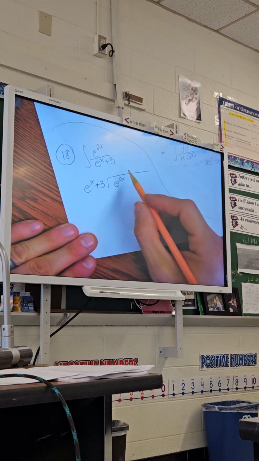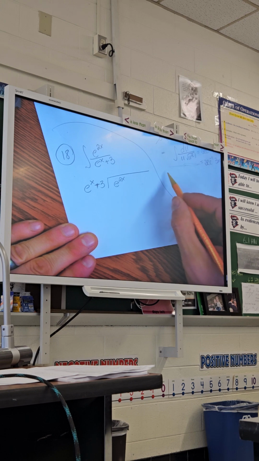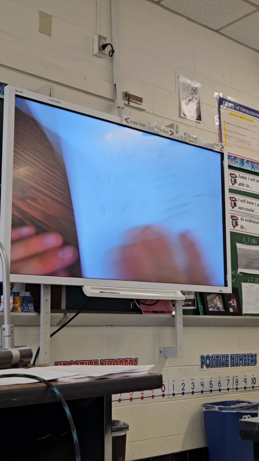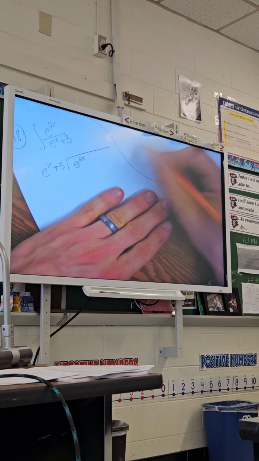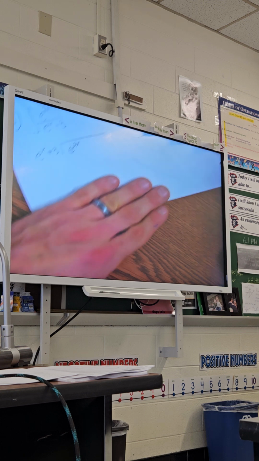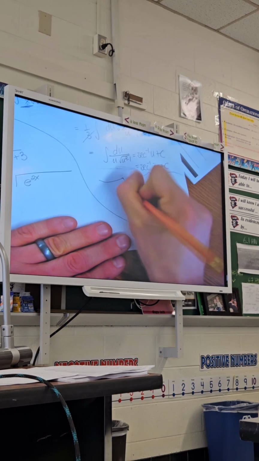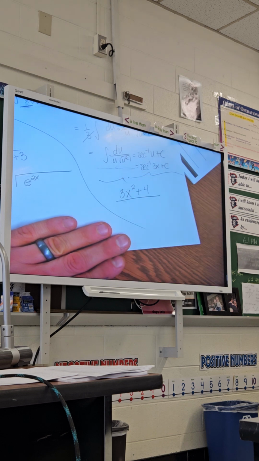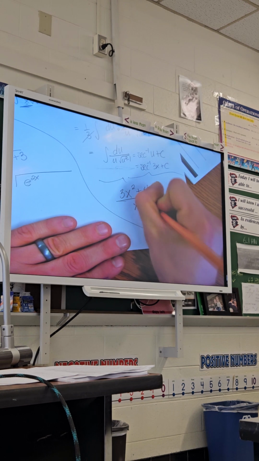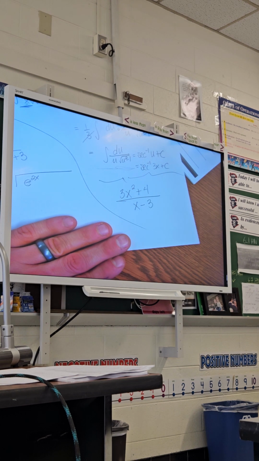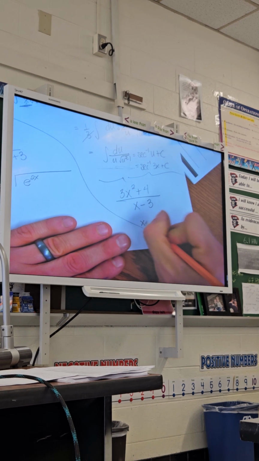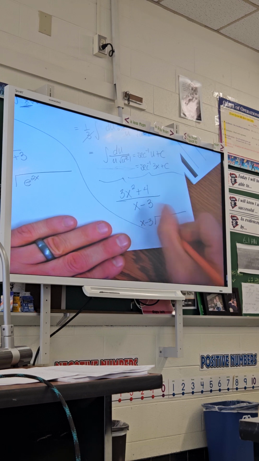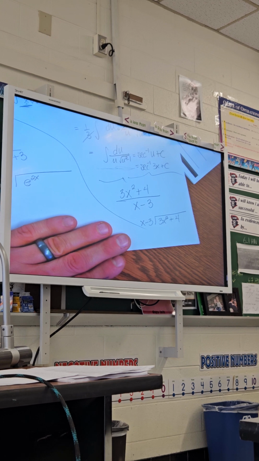When you divide with long division, you're supposed to have all your terms. So like in Algebra 2, you learned that if I was doing 3x squared plus 4, and I divide this by, let's just say, x minus 3, what you would do is take x minus 3 and long-division divide this into x squared plus 4.